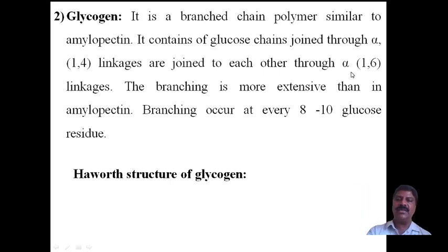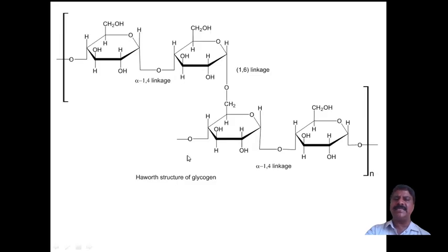In amylopectin, 24 to 30 units join first, then branching takes place, and again after 24 to 30. Therefore, more branching takes place in glycogen compared to amylopectin. The Haworth structure of glycogen is similar to that of amylopectin.